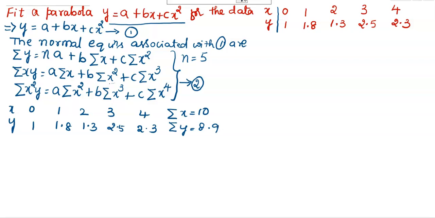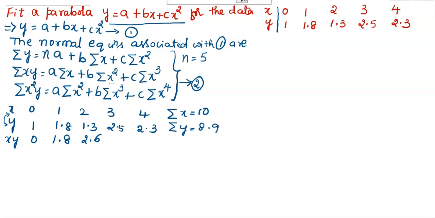What do we need to find next? We needed xy, so multiply x with y. 0 into 1 is 0, so xy is 0. 1 into 1.8 is 1.8. In the same way, 2 into 1.3 is 2.6.